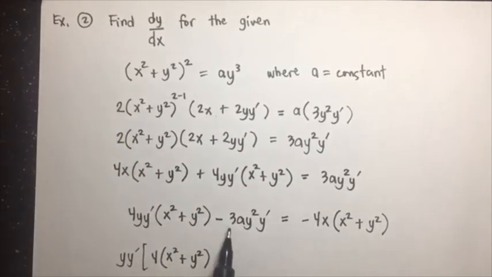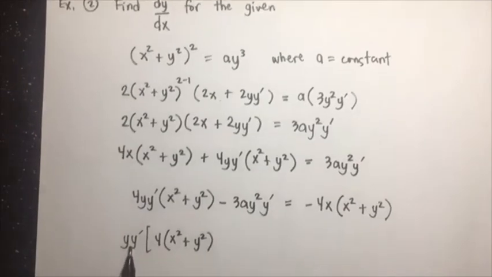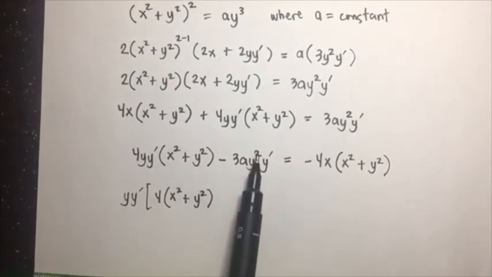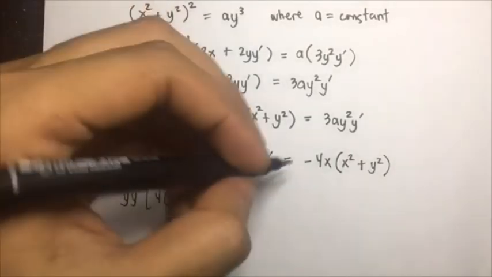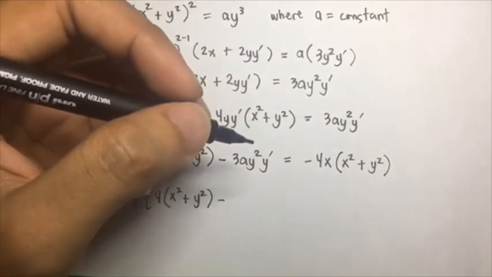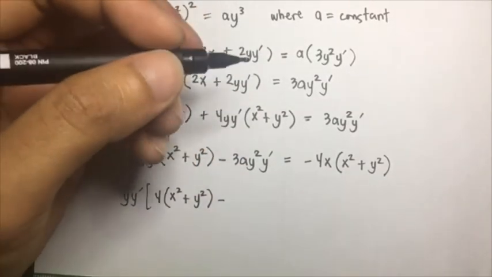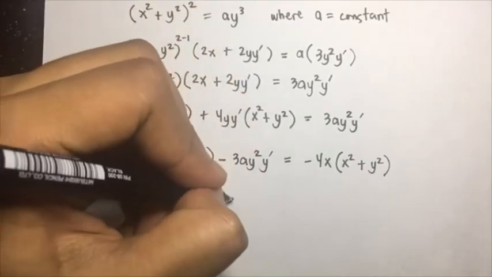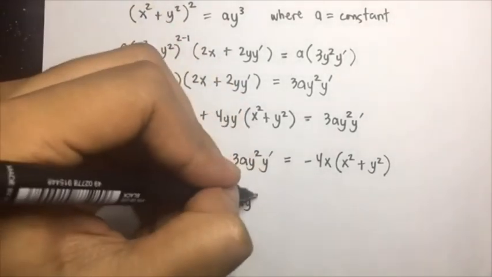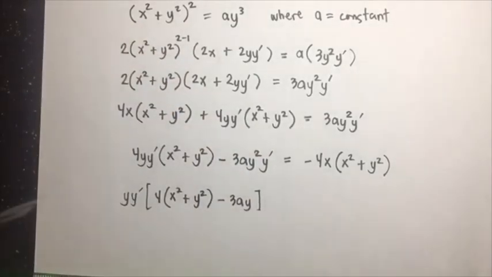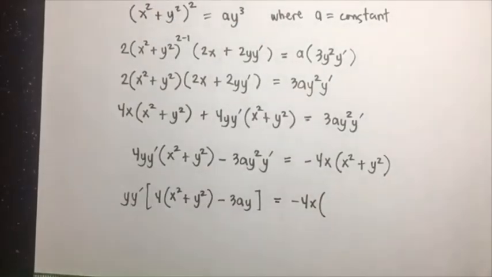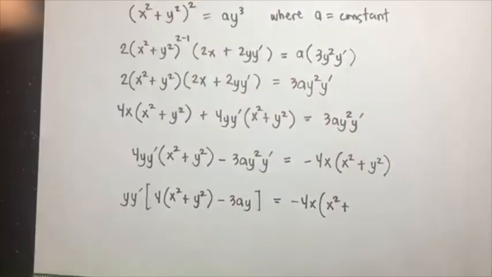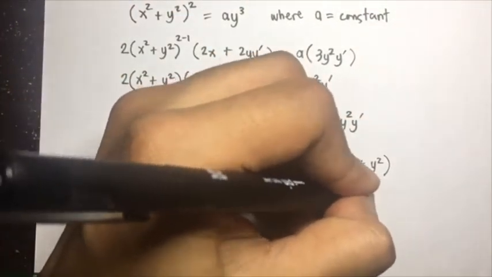And then factoring y prime from 3a y squared y prime, that will be minus 3a y. Am I right? So minus 3a y. Okay, so that is equal to negative 4x times x squared plus y squared.